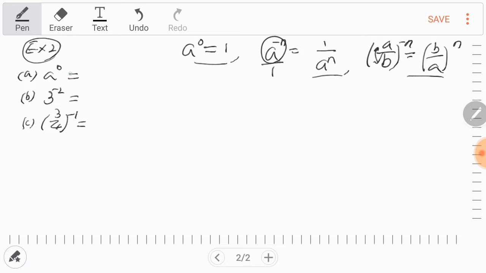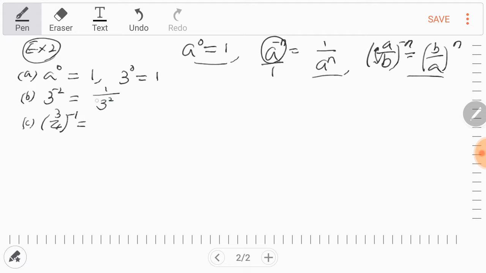Okay, a to the 0 power is, let's say, 1. How about, the question should be 3 to the 0 power. So 3 to the 0 power is, of course, 1. How about 3 to the negative 2? The power is negative 2. You can move this one to the denominator, so 1 over 3 to the second power.